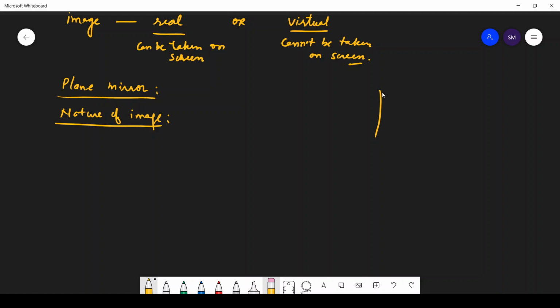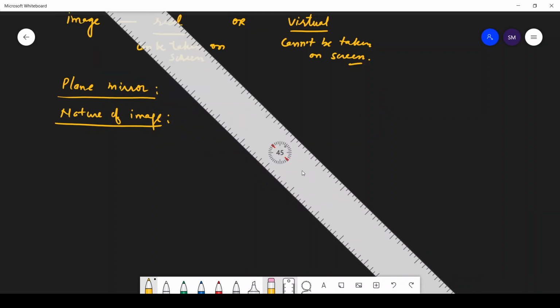So I have this plane mirror over here, and I have an object over here. So plane means this should exactly be a straight line.